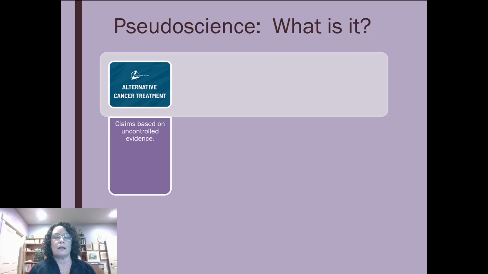In the examples I'm going to give about the evidence that pseudoscience relies on, you're going to notice that time after time, the evidence they use can't be controlled. We can't be sure that the inferences being drawn from whatever evidence there is are valid because the evidence isn't controlled. The evidence is something that maybe just naturally happens, or that all the participants got the same treatment, or things like that.